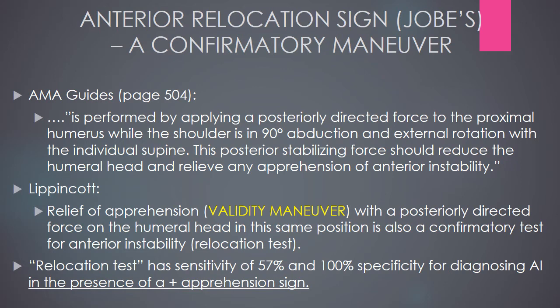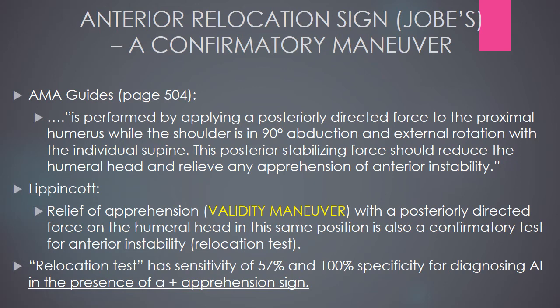And to confirm anterior instability, you simply position the patient similarly, or perhaps you may relieve some of the external rotation to a point at which the examinee or your patient is more comfortable, and then you simply apply a posteriorly directed force while reassuming the apprehension position, and the examinee should remain comfortable throughout the maneuver because you've reduced the humeral head and repositioned it back into its proper relationship with the glenoid cavity.